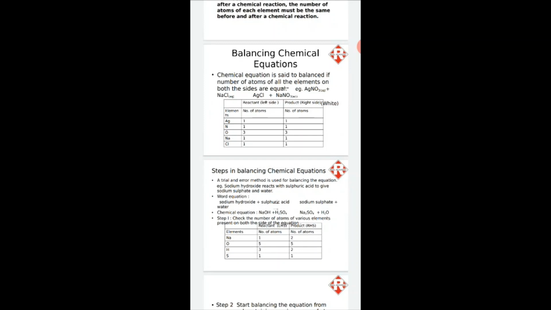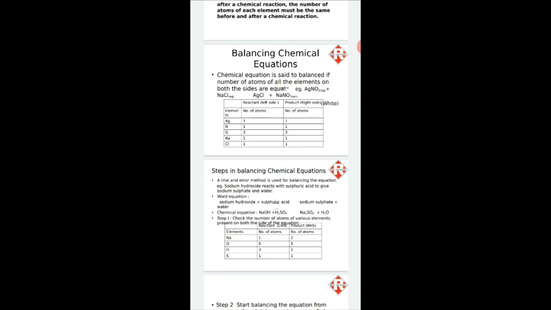Sodium 1 on the LHS, means left side, and the RHS, means right side. Chlorine 1 on the left side and 1 on the right side. Means on both sides the number of atoms is equal. So such a chemical reaction or chemical equation we say is already balanced. So this is a balanced equation.